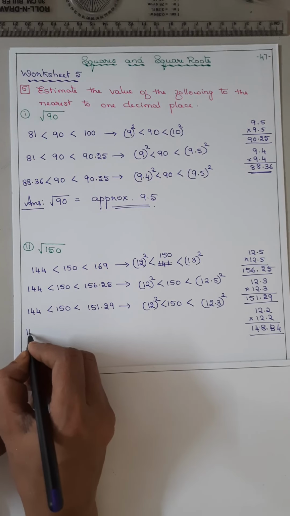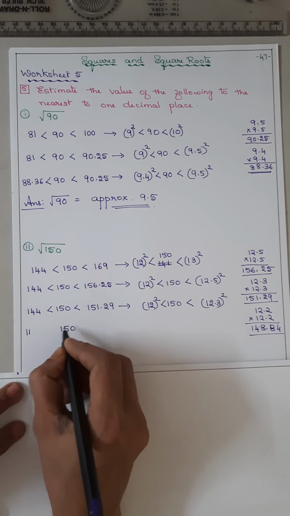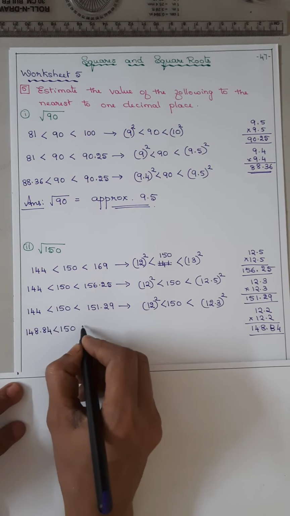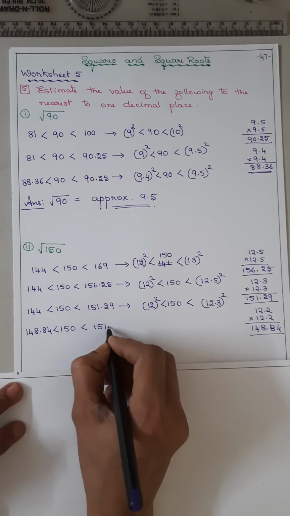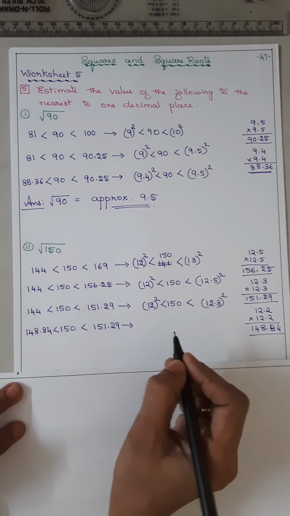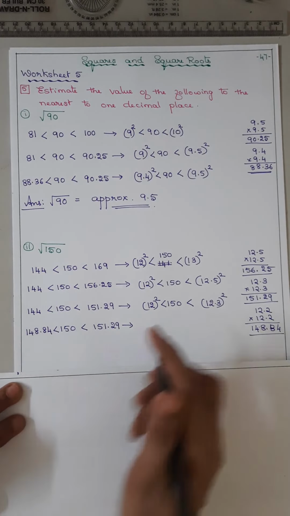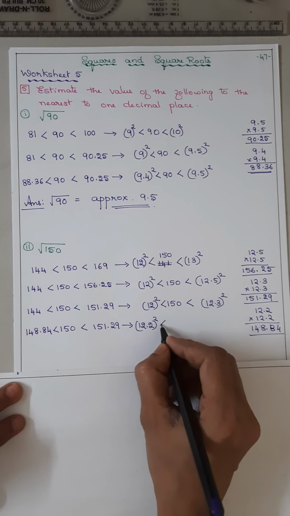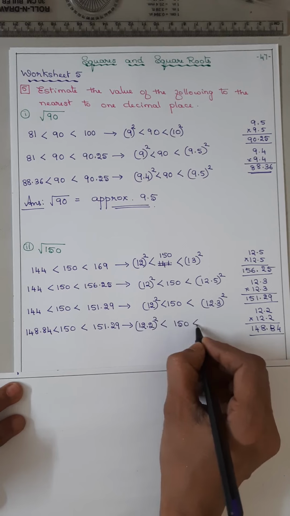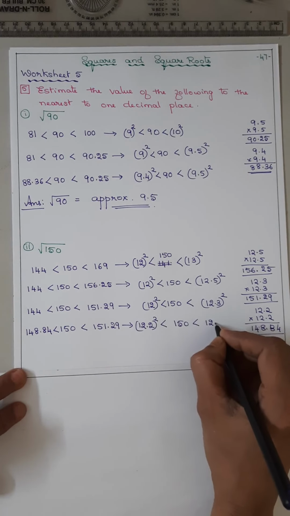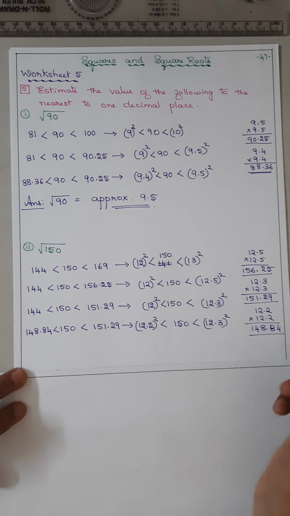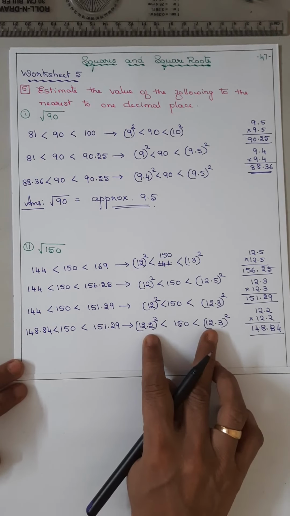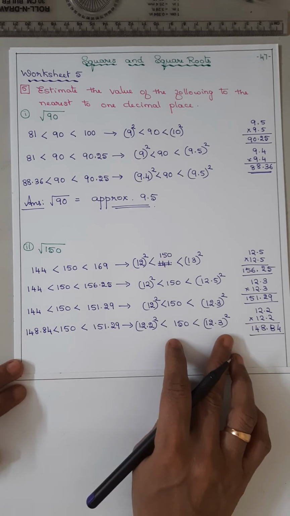So it came 150 is between 148.84 and 151.29. इसका मतलब किसका स्क्वायर है ये? 12.2. So 150 is between 12.2 square and 12.3 square. समझ में आया? तो एग्जैक्ट बीच में मिला 12.2 और 12.3 के बीच में.